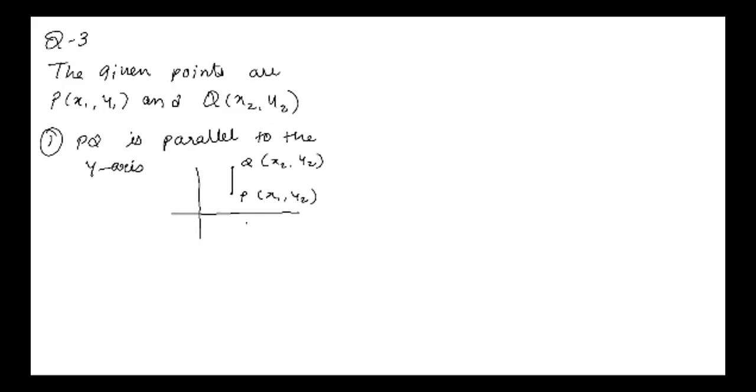See, if it is parallel to the y-axis, then the x coordinate of P and Q will be equal. This will be the condition when PQ is parallel to the y-axis.